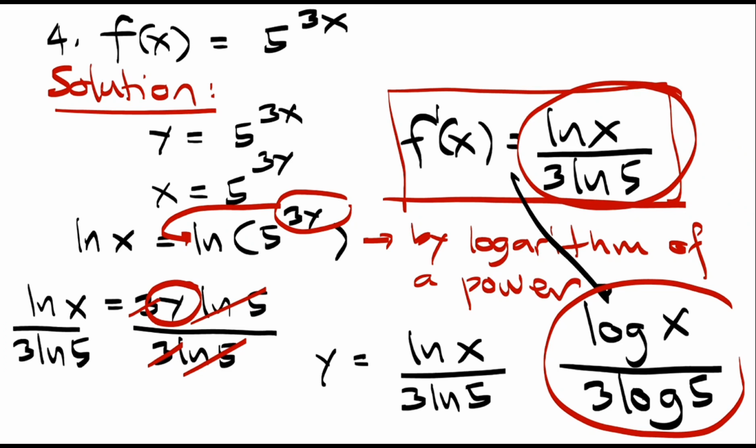And that suggests that the inverse of 5 to the 3x is either ln x all over 3 ln 5, or logarithm of x all over 3 logarithm of 5. So let's have another example, number 5.